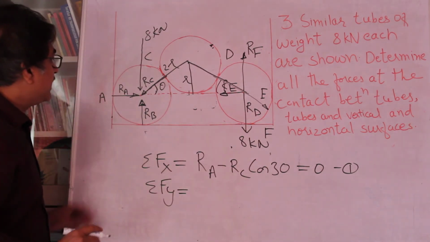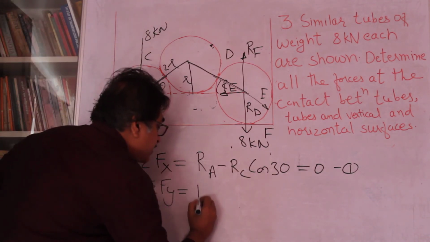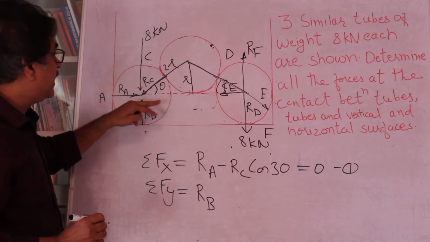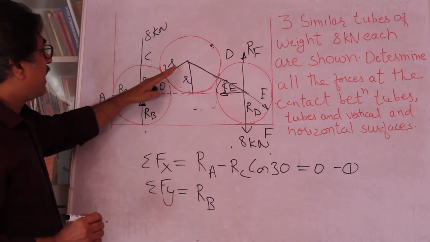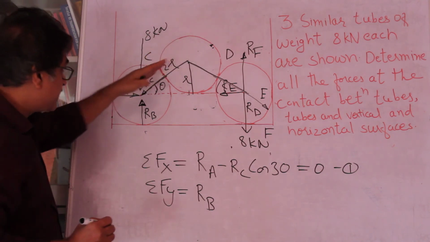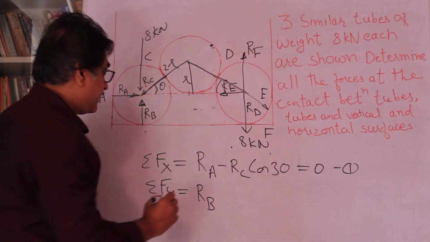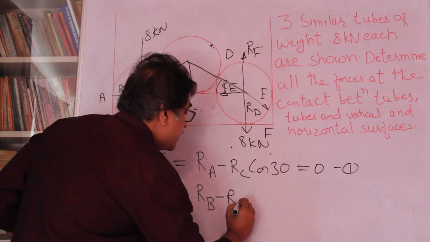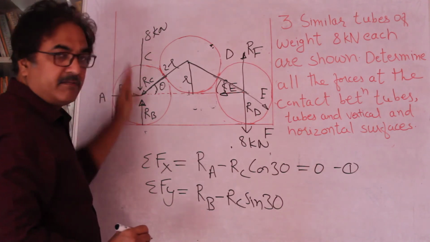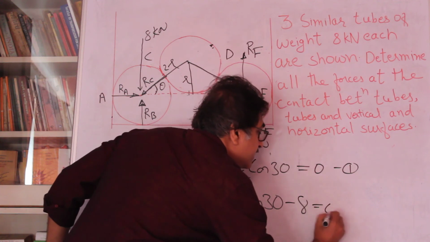What are sigma Fy? One, there is normal reaction which is upward, right? And so it's positive Rb. Then Rc will have a vertical component. This is theta, and Rc sine theta will be vertical. And look at this direction. This is the force coming from this tube, so it's toward the center. When you resolve vertically, this is going to be negative, right? Downward. So this is minus Rc sine 30 because theta is 30. And then you have the weight, 8 kilonewtons, which is downward. So minus 8 is equal to 0.